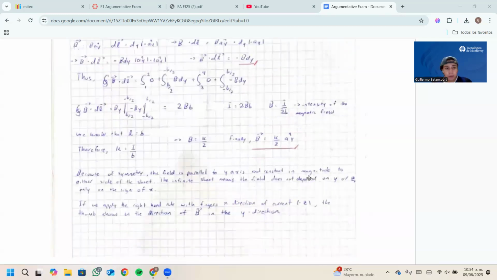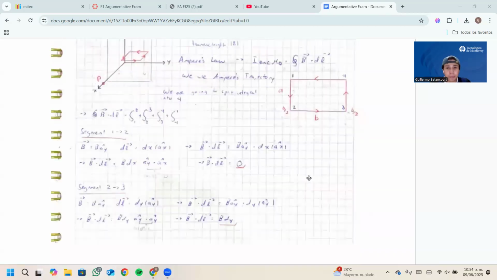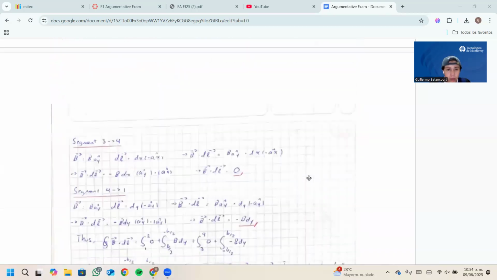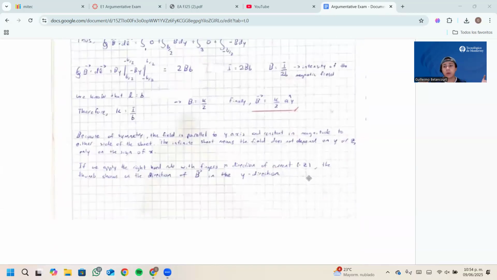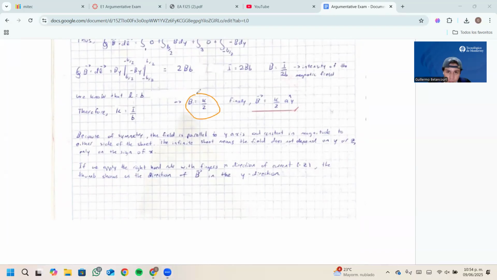We also know that the current density K is equal to the current over B, which is the length. So now we can substitute K into here. And finally, we get that the magnetic field is equal to K over 2 in the direction of y.